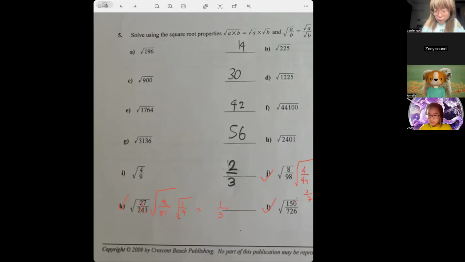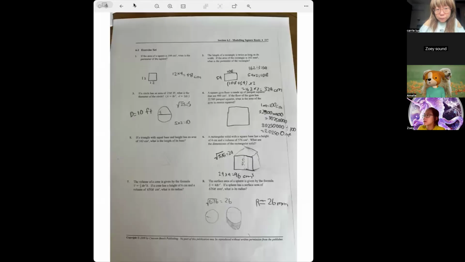So you can take a look at this one. So everybody, 726 digits added together equals 15, and the top added together equals 6. So both of them are divisible by 3, and they end up with an even number, correct, Zoe and Amelia? So I can divide it by 6, right? So 25 over 121. And now if you square root it, it's 5 over 11. Get it? So we have learned the division rule before, right? Pretty sure yes.